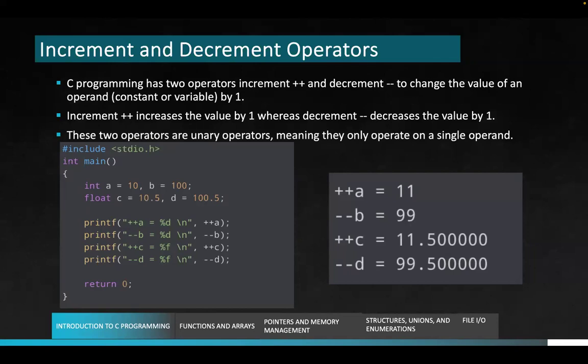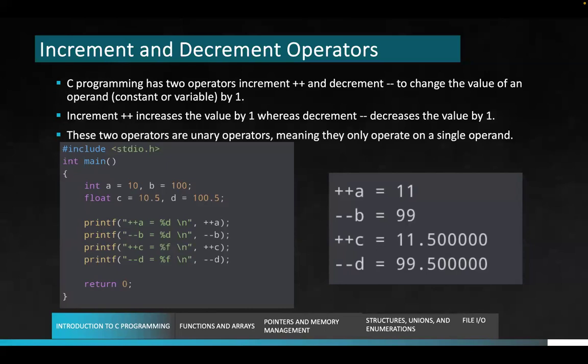There are two types: pre-increment and post-increment. Pre-increment increases the value by 1 before executing the particular instruction. Post-increment uses the value first and increments after executing the instruction.